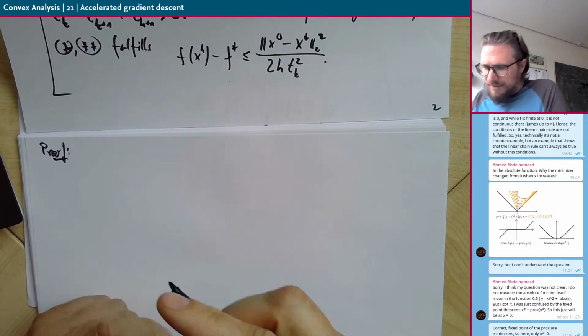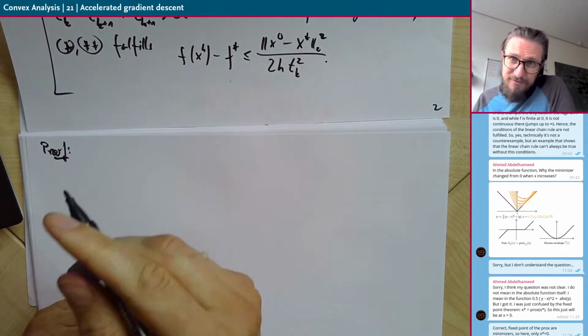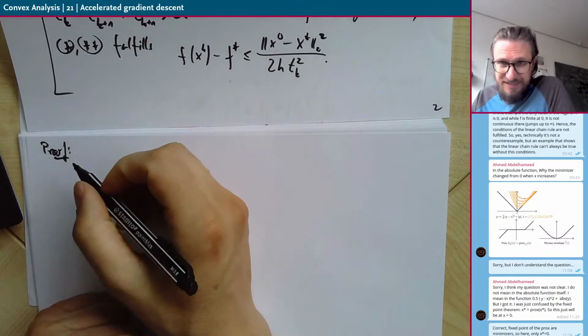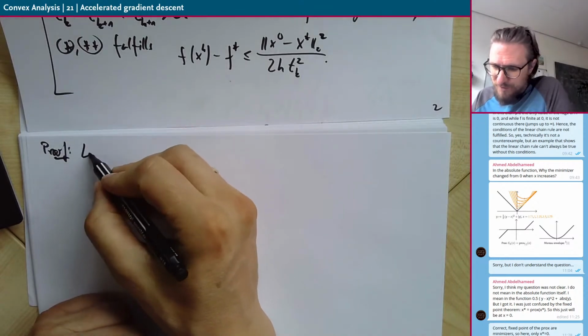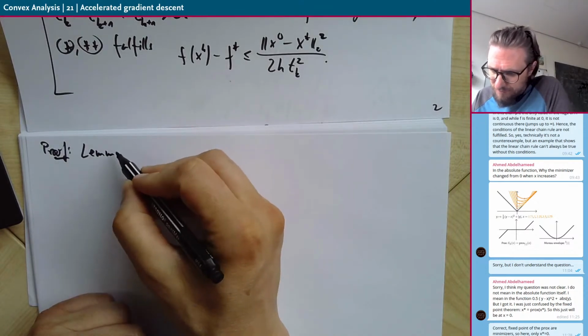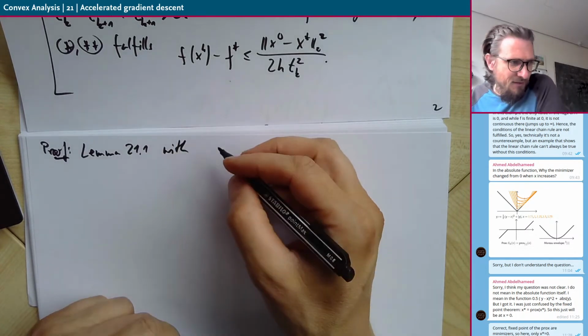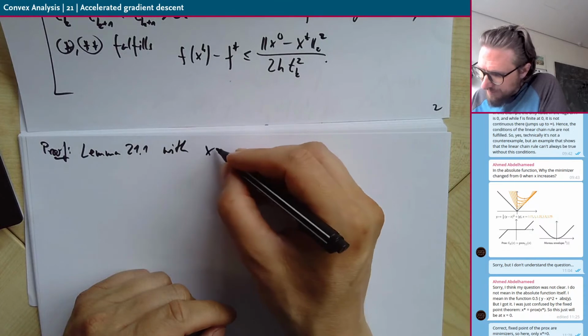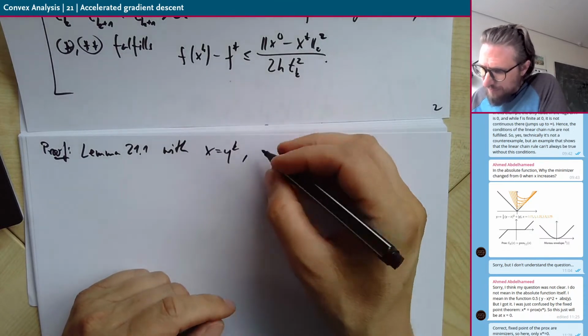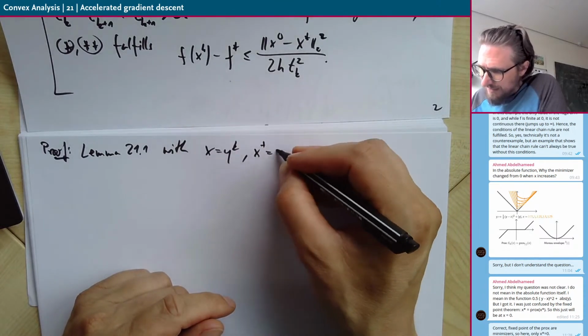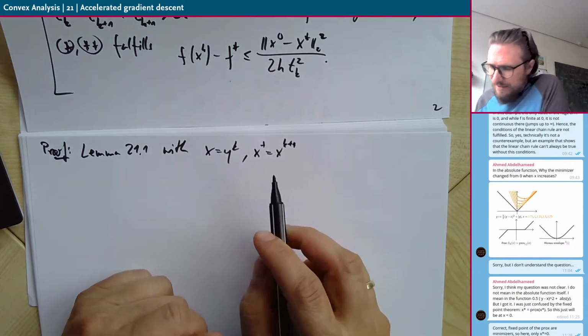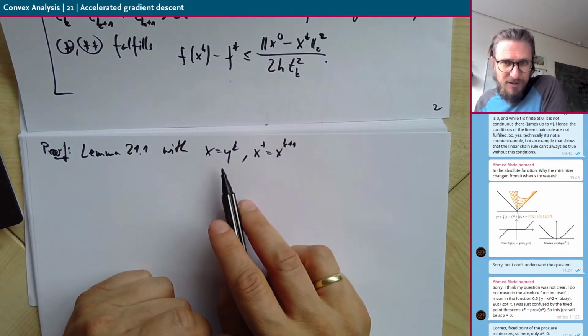The proof starts pretty strange by a very, very clever thing, which I can't explain where that comes from, but it works. So we use lemma 21.1 with the following things. As x, we use the yk, then of course the x plus has to be the xk plus 1, because xk plus 1 is a gradient step from yk.